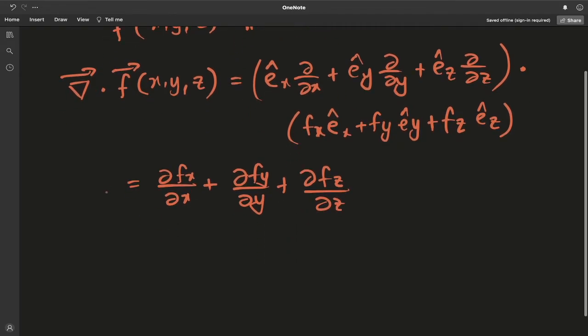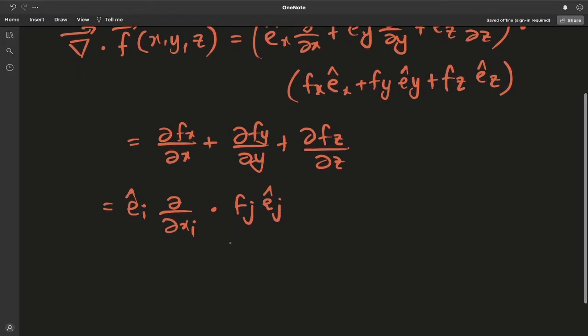It makes sense because this is a dot product. We can try to use subscript summation convention for this entire thing. We have, say, e_i partial sub x_i dotted with f_j e_j hat. Now since it's a derivative, you can't take the f_j out of this.